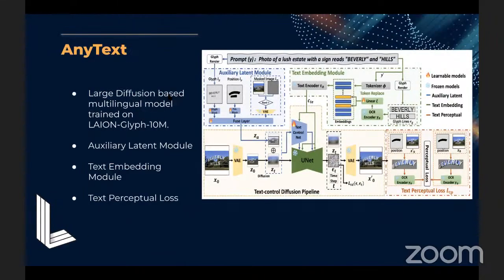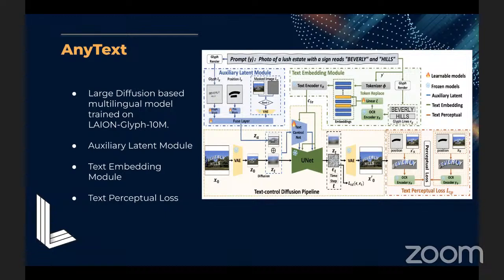So boom, AnyText. Yes, it is a large diffusion-based multilingual model trained on, I'm going to butcher it, so I'm just going to spell it out loud, LAION-glyph-10M. And the AnyText model is comprised of three parts outside of the neural network UNet.